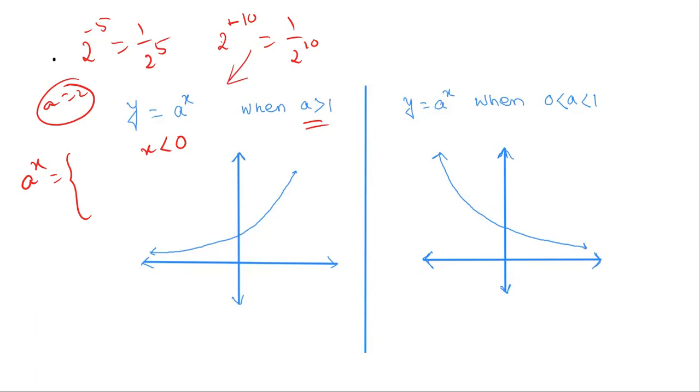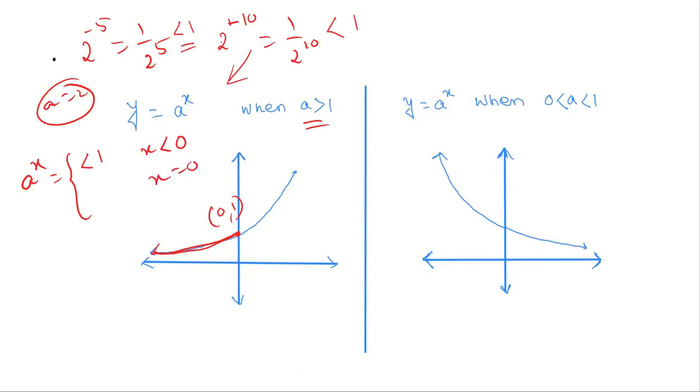The value is always less than 1, because 1 by 2 to the power 5 is always less than 1, but it tends to 0. So the graph is like this, tending to 0. This is the point 0, 1. The graph is below 1 because we found the value is less than 1.